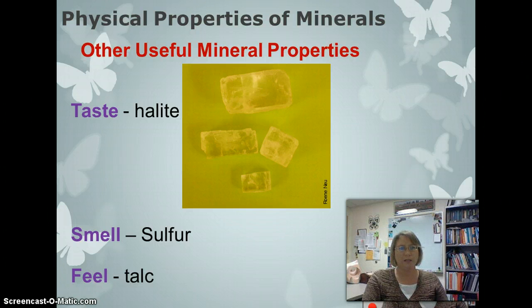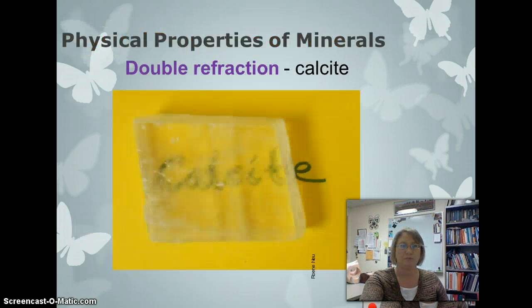Feel can also be a special property, like talc, for example. If you have ever touched talc, which is what we use for baby powder, it's very silken or soft. Double refraction is another. Calcite, if it's clear enough, can be placed onto print, and that print will essentially show as a double refraction.